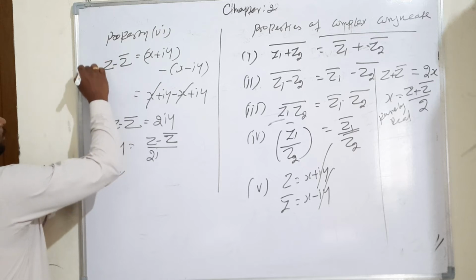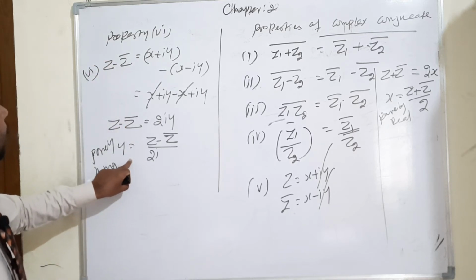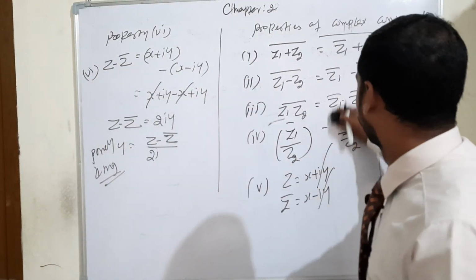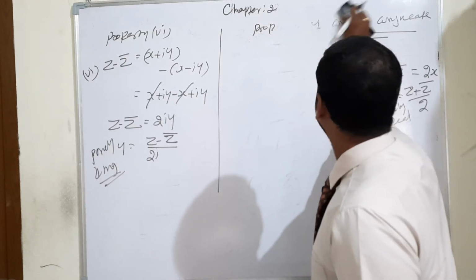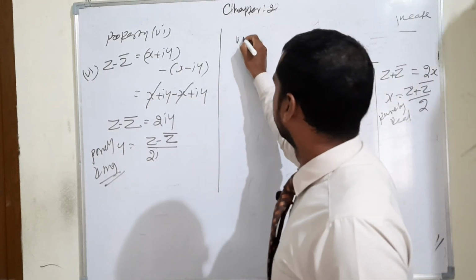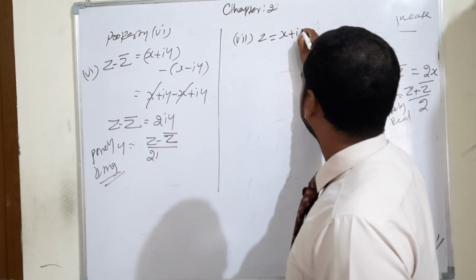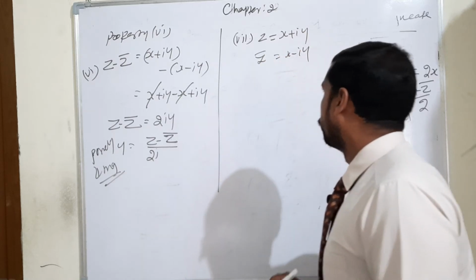Then property number 7, which is also important. Z is equal to X plus iy, Z bar is equal to X minus iy.